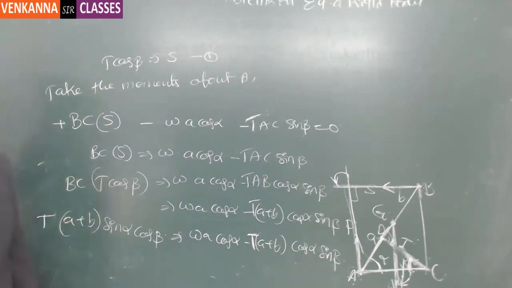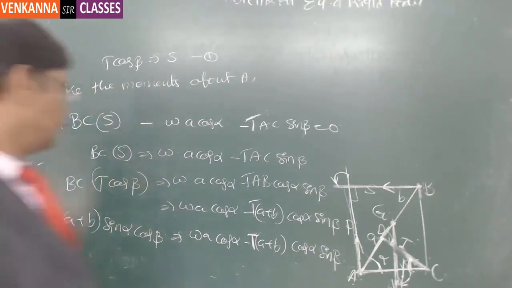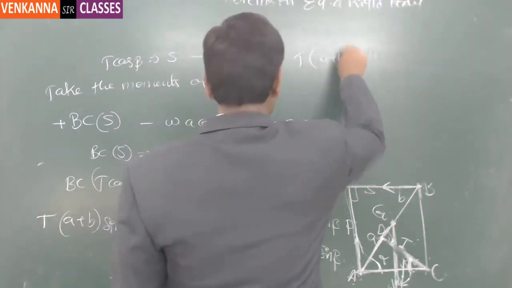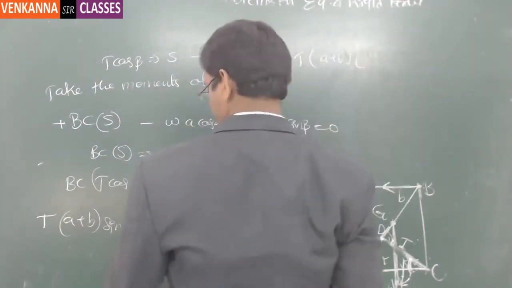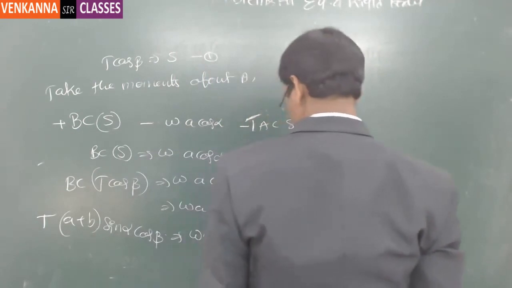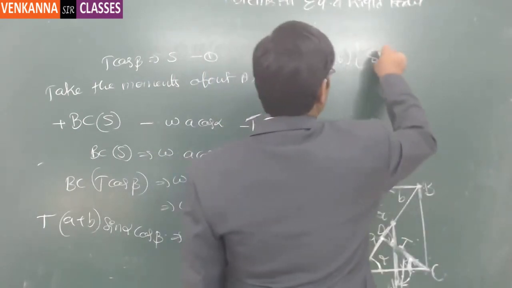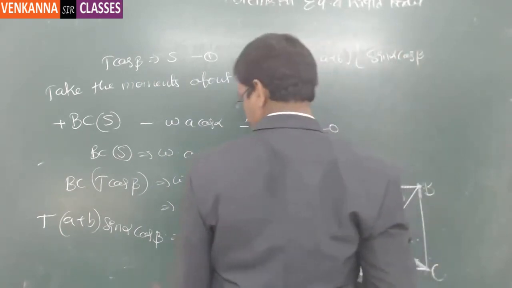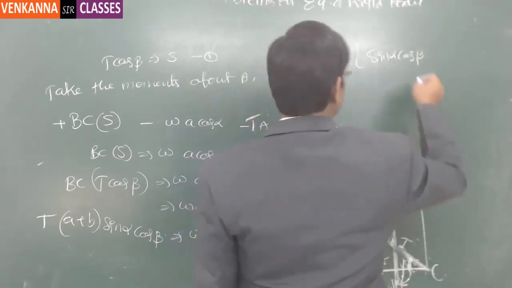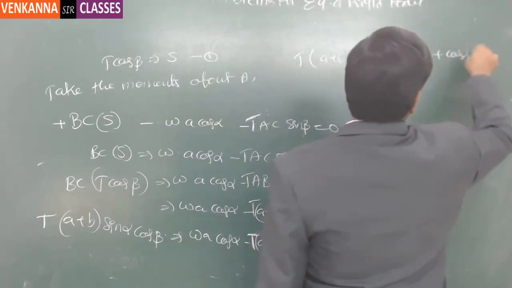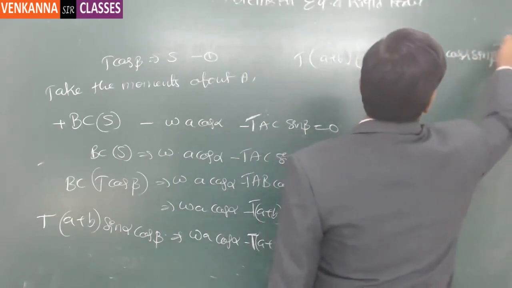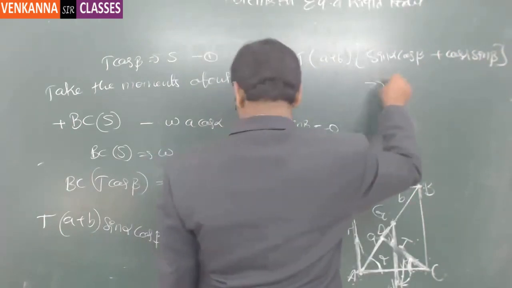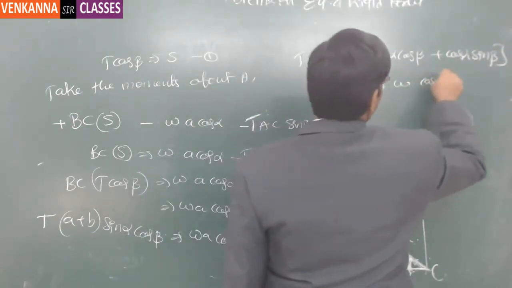Got it? So from this you can simplify. So T times A plus B times sin alpha cos beta, minus cos alpha sin beta, is equal to W times cos alpha.